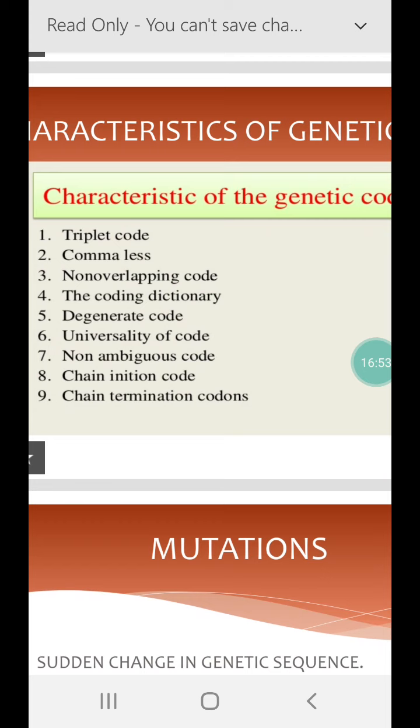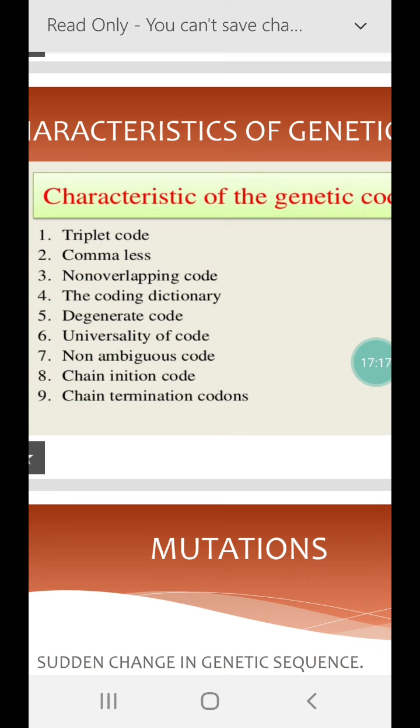So what are the characteristics of this genetic code? This is a very important part of this. Genetic code is, first of all, triplet and commaless. That is, on the mRNA strand, the triplet codons are arranged one after the other without any gap or space.